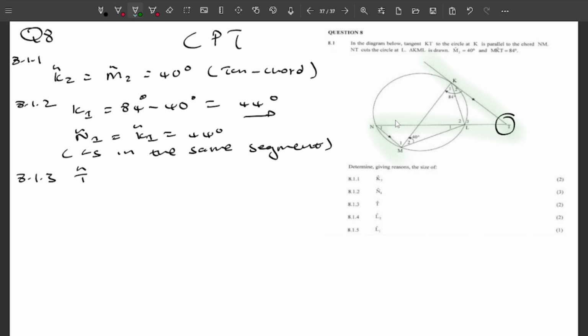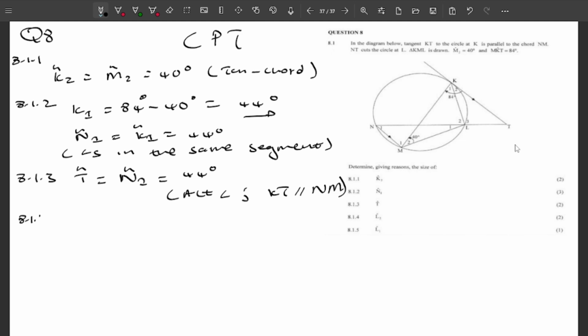So angle N1 is equal to angle T, which is equal to 44 degrees, alternate angles, because KT is parallel to NM. Then just like that, we found angle T.